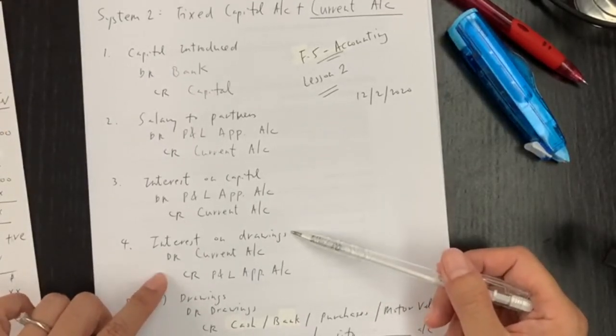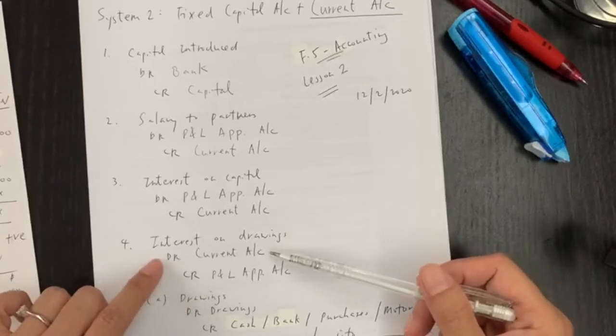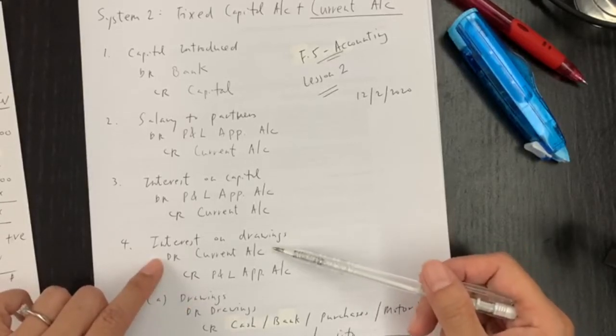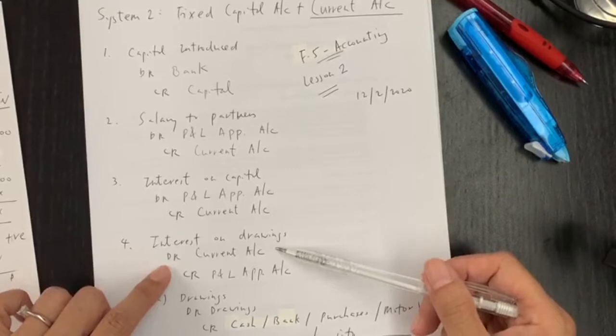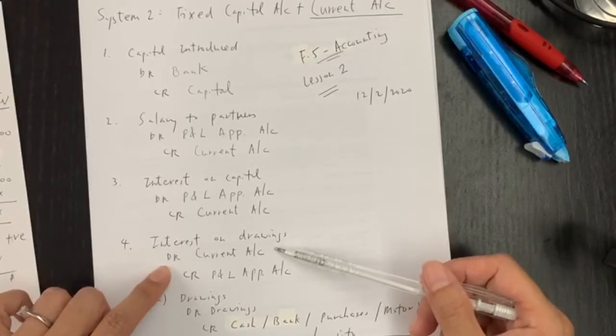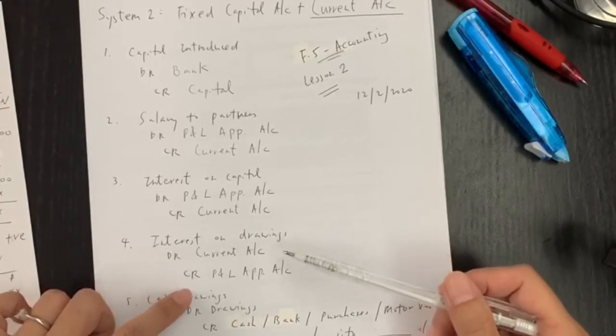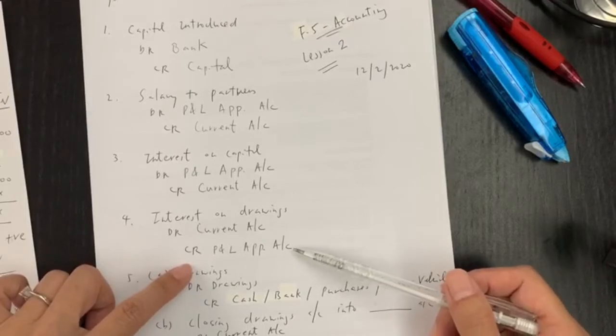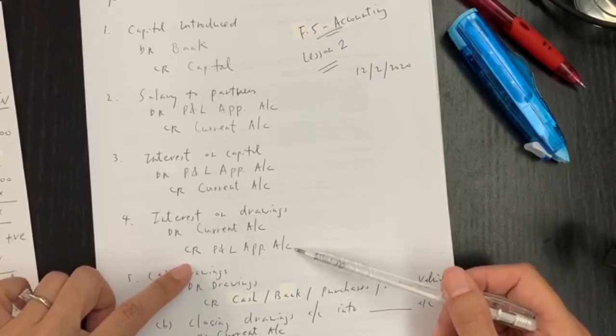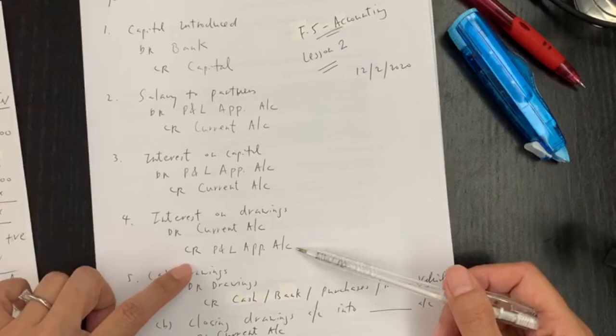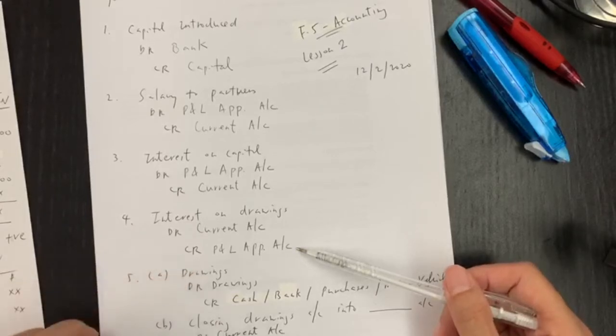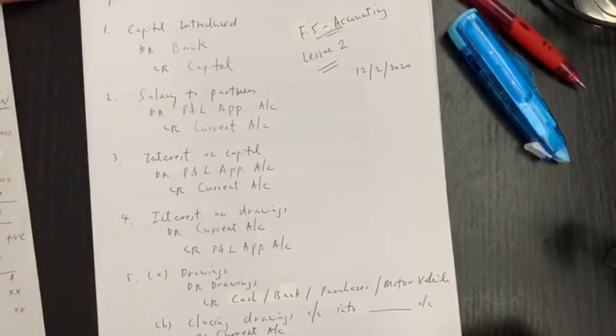So this time the partner has to pay interest on drawings, so therefore we debit current account instead of capital account, and credit profit and loss appropriation account. So this time the firm will receive interest on drawings from partner. Are you okay? All right.